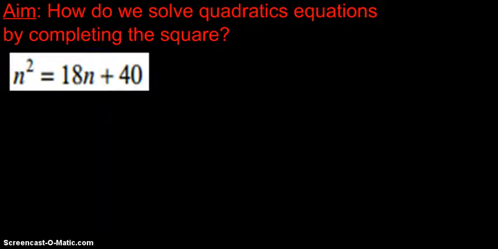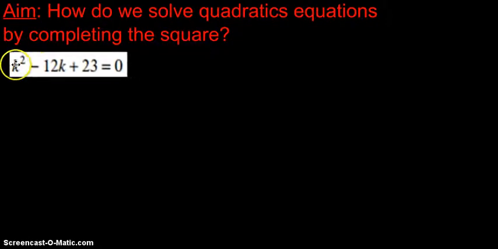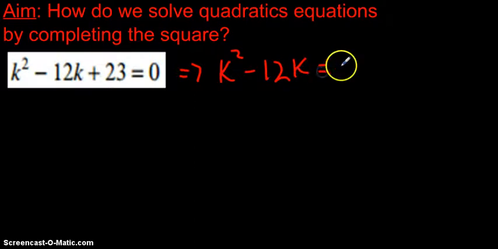Okay, so we're going to get rid of this one, and we're going to bring this one into play. Alright, so just like in the last case, it actually makes more sense not to have it equal to 0. We're going to move the 23 to the other side.